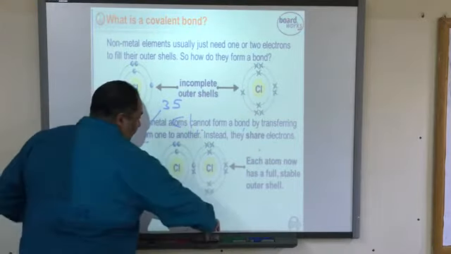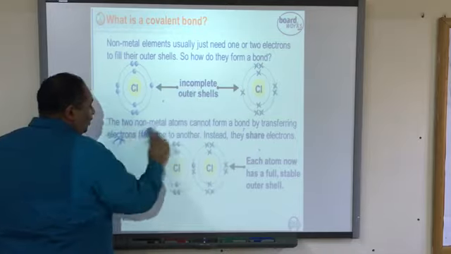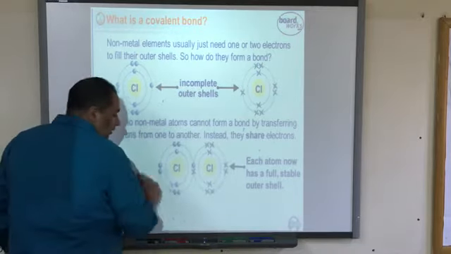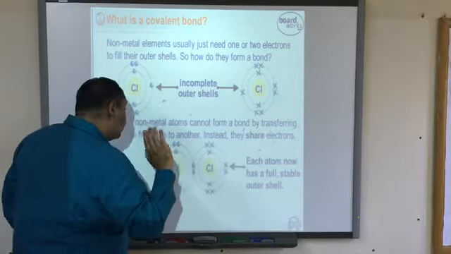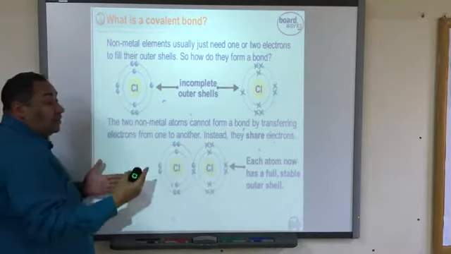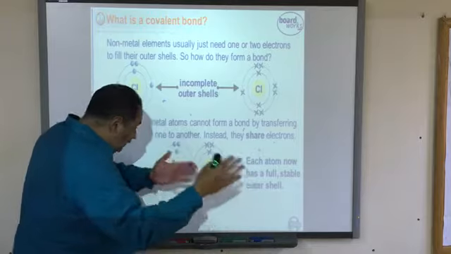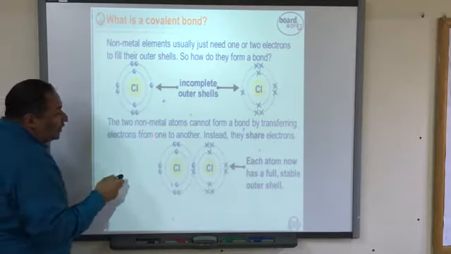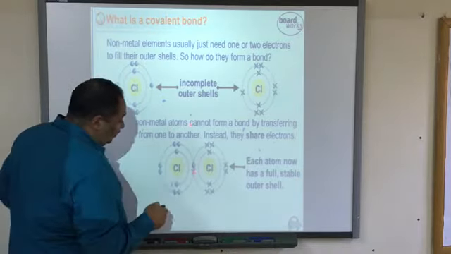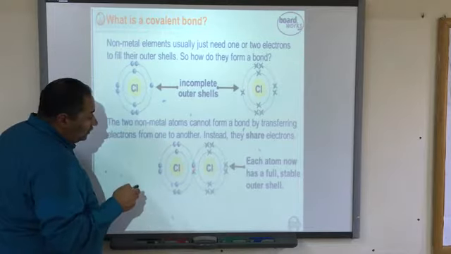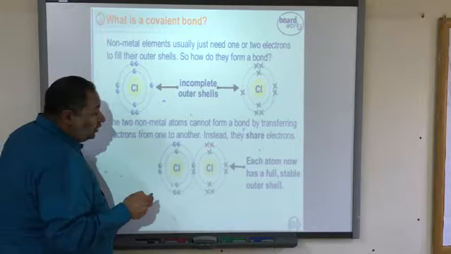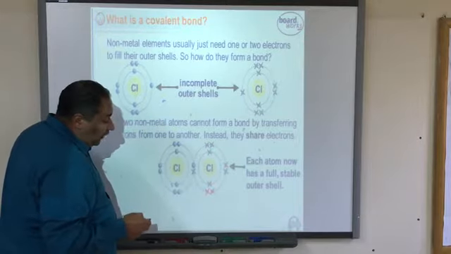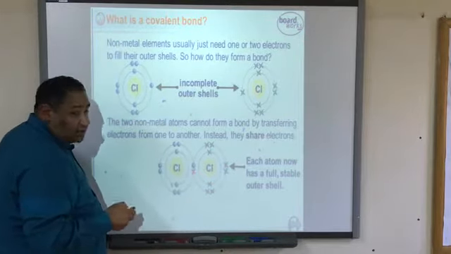Chlorine needs 1 electron, so chlorine shares 1 electron. If you need 1 electron, you share 1 electron. If you need 2 electrons, you share 2 electrons. So the 2 chlorines come together, as you see here: 7 dots and 7 stars.